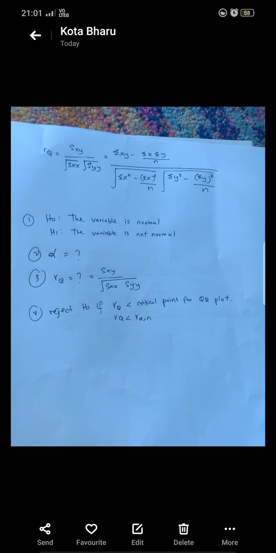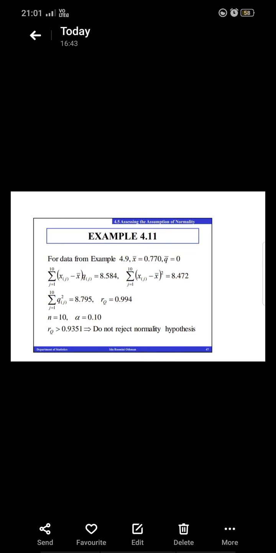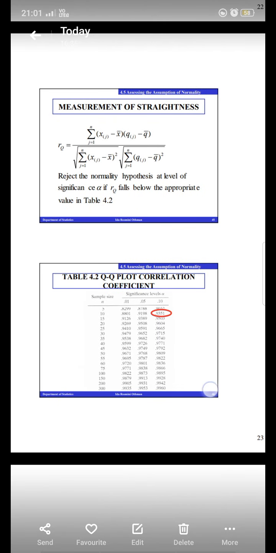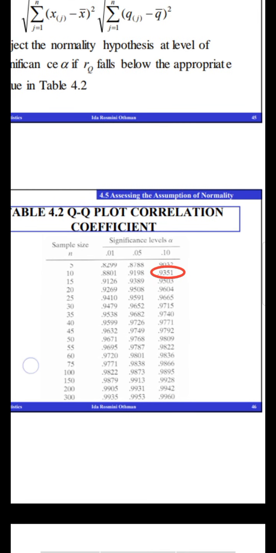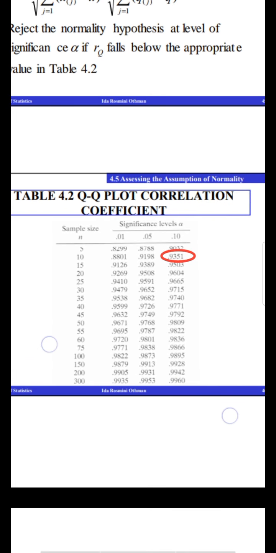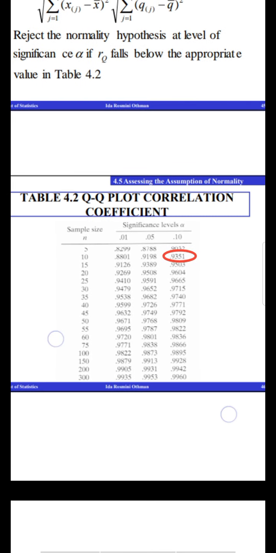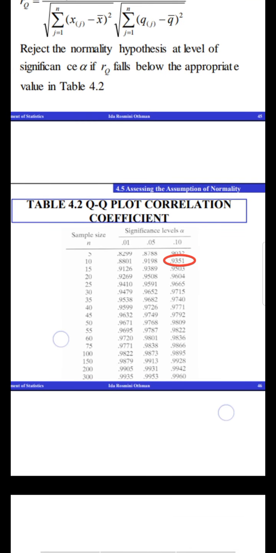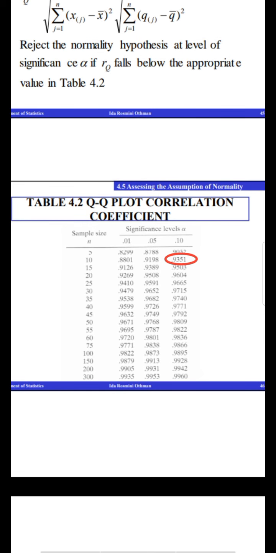point for QQ plot, which is, macam mana nak dapatkan critical point tadi tu? Kita akan gunakan this table. Dalam exam nanti table ni akan diberi. Okay, this table. Okay, so macam mana nak gunakan this table? Gunakan value alpha dan juga nilai n, sample size.